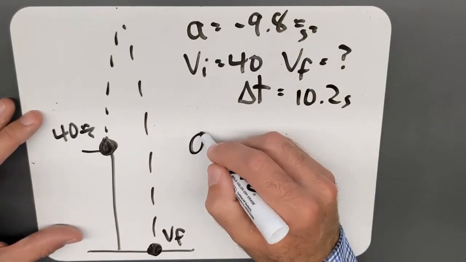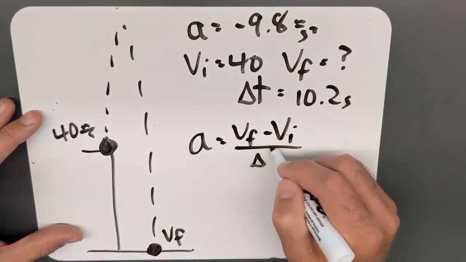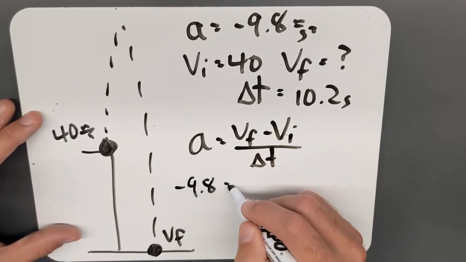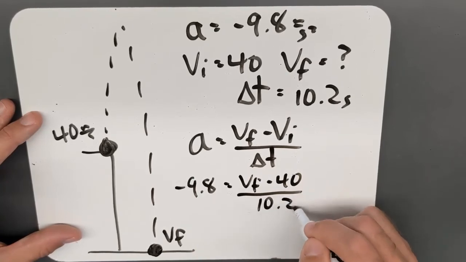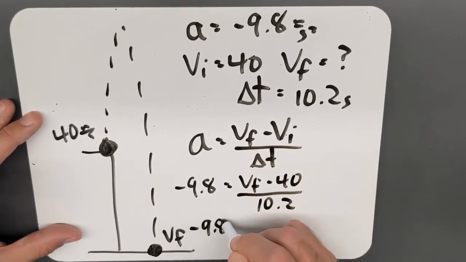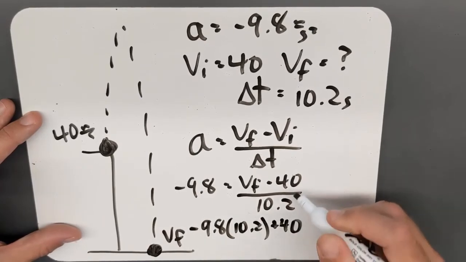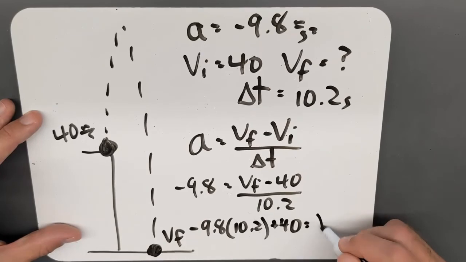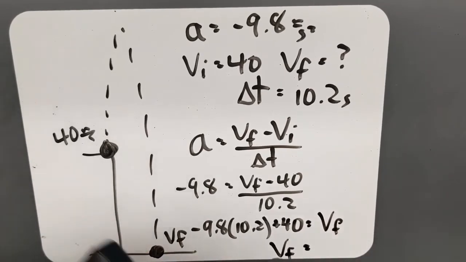So we got accelerations, velocities. I'm going to use those. A equals V final minus V initial over delta t. Let's see, negative 9.8 equals V final minus 40 over 10.2. Negative 9.8 times 10.2 plus 40, right? That gets multiplied over, that gets added over due to algebra. Gives me a V final. Go to my calculator.